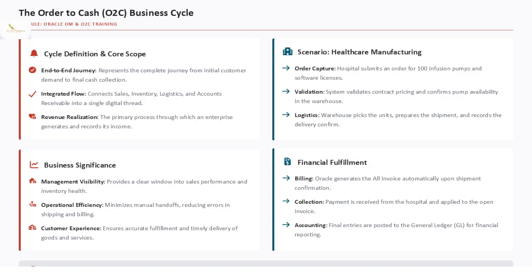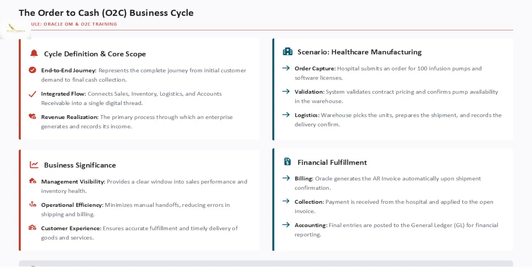Oracle integrates sales, inventory, logistics, warehouse, shipping, accounts receivable, and general ledger into one continuous operational flow. Let us take a healthcare manufacturing example. A hospital submits an order of 100 infusion pumps, software licenses, and medical accessories.